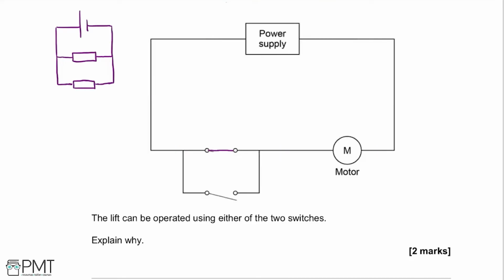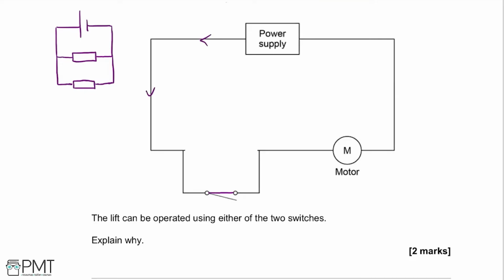Now, if we open this switch and close the other one, now this switch is open, and so that part of the circuit wouldn't work, and so we can actually just get rid of it. But it's still a complete circuit.